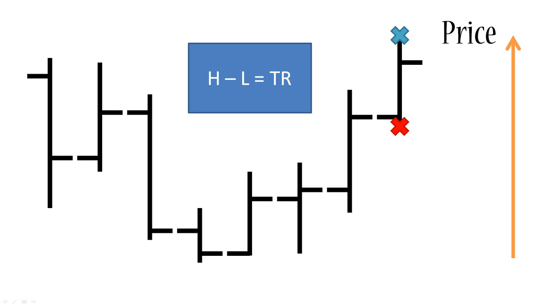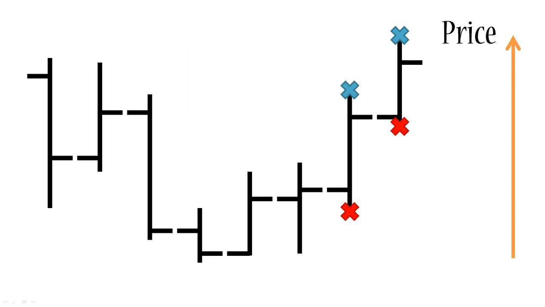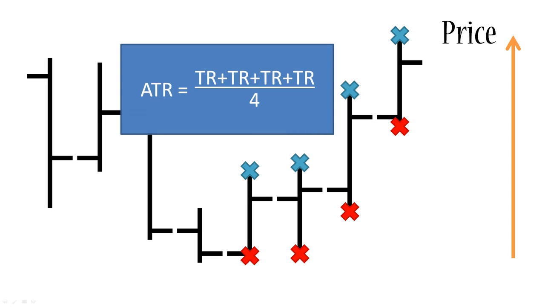Next, let's take the true range for the next bar, and then let's take the true range for the bar after that, and then we'll take one more true range. So what we're going to do with all of these four true ranges is we'll take the average of these four true ranges, and that will give us the average true range in the past four bars.